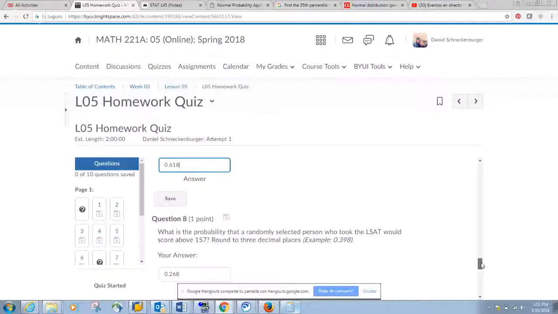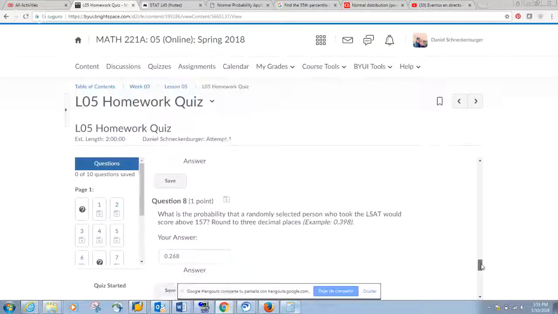On the applet I have 73.17% of the data comes before that 157 mark, and then it'd be 26.8%. Oh, I got that right then.